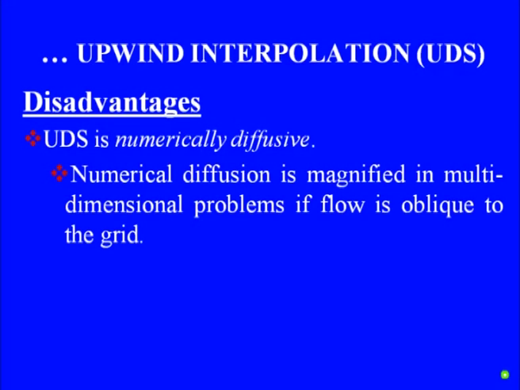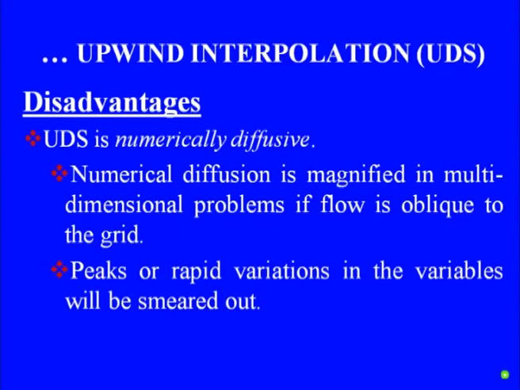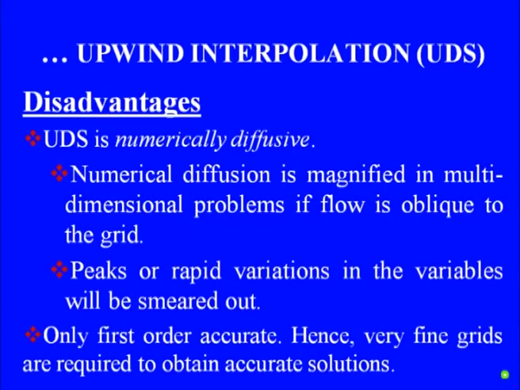The numerical diffusion is magnified in multidimensional flows, especially if the flow is oblique to the grid face, and peaks or rapid variations in the variables would be smeared out because of the introduction of the additional diffusive coefficient, what we call the numerical diffusion coefficient, by the use of the upwind interpolation scheme. And we have also already seen that it is only first order accurate. So, hence we require very fine grids to obtain an accurate solution.